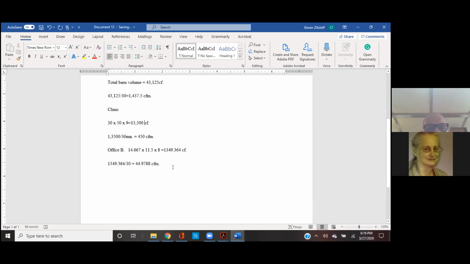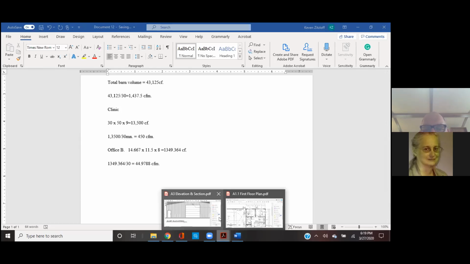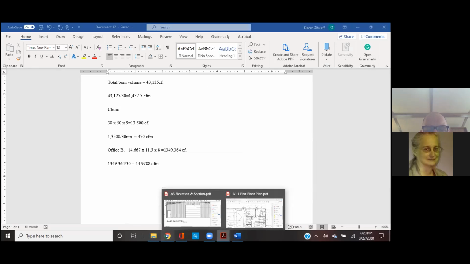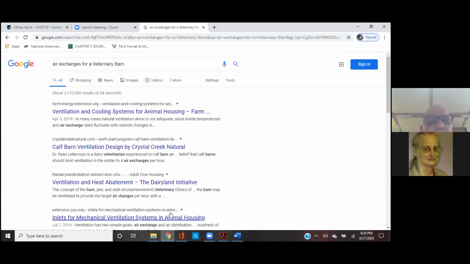Ductwork. Okay, pull up your browser and let's look up duct sizes, cubic feet per minute.